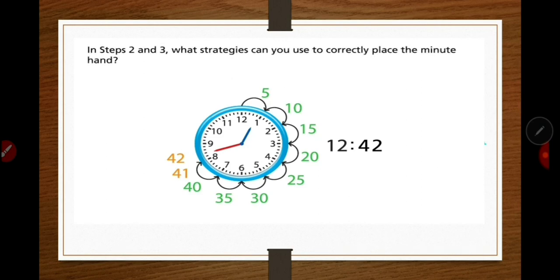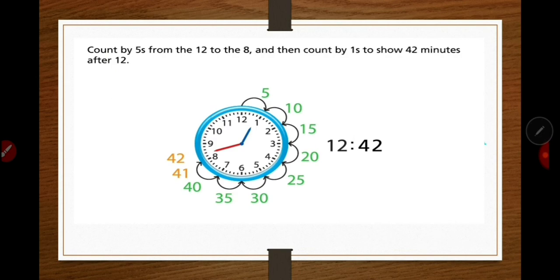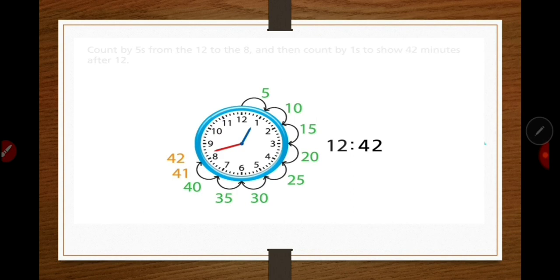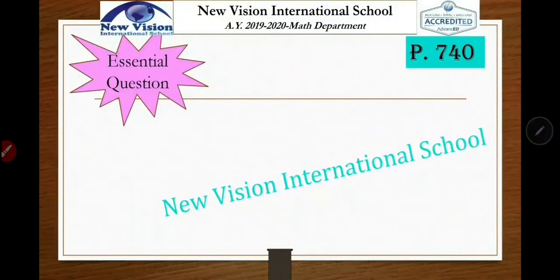In steps 2 and 3, what strategies can you use to correctly place the minute hand? Count by fives from the 12 to the 8, and then count by ones to show 42 minutes after 12. Now you know how to tell time to the nearest minute.